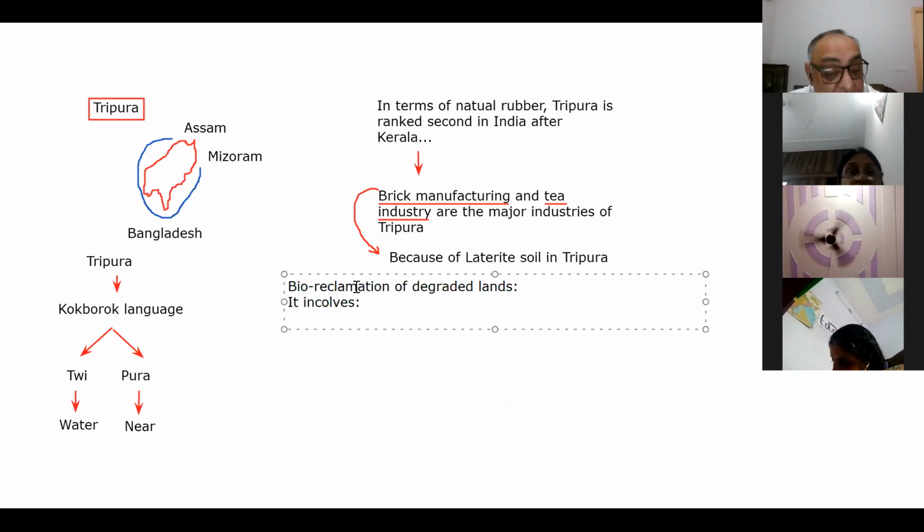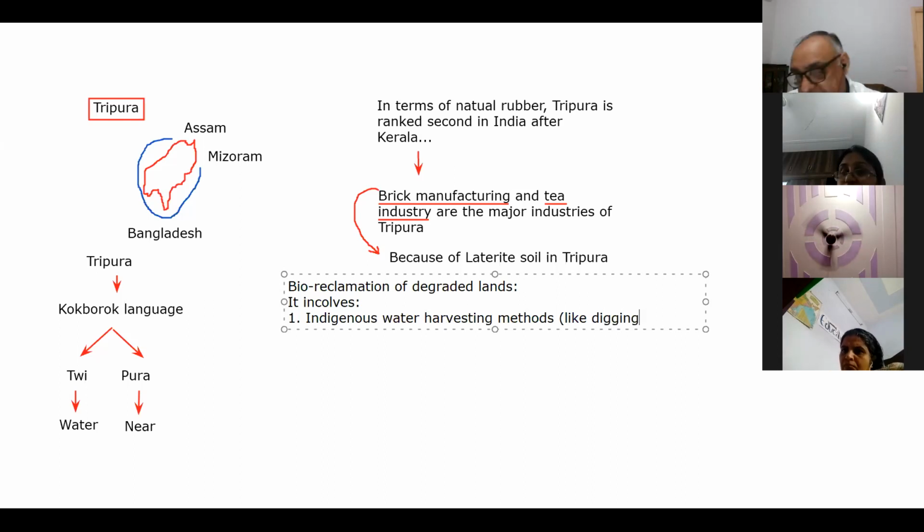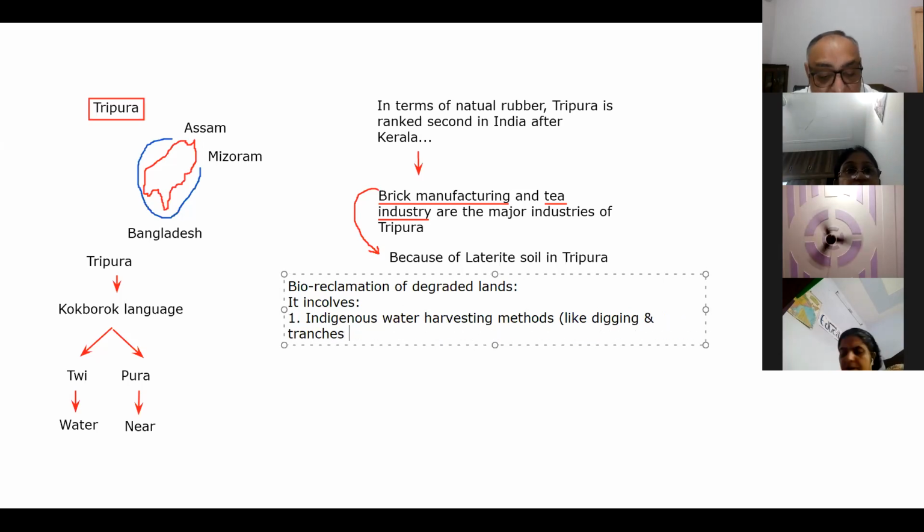Number one, indigenous water harvesting methods. क्योंकि इसमें एक प्रॉब्लम होती है कि ये water retain नहीं कर सकती, so that is why हम यहाँ indigenous water retention methods adopt कर लेते हैं, like digging and making trenches, etc. हम ऐसा करते हैं.